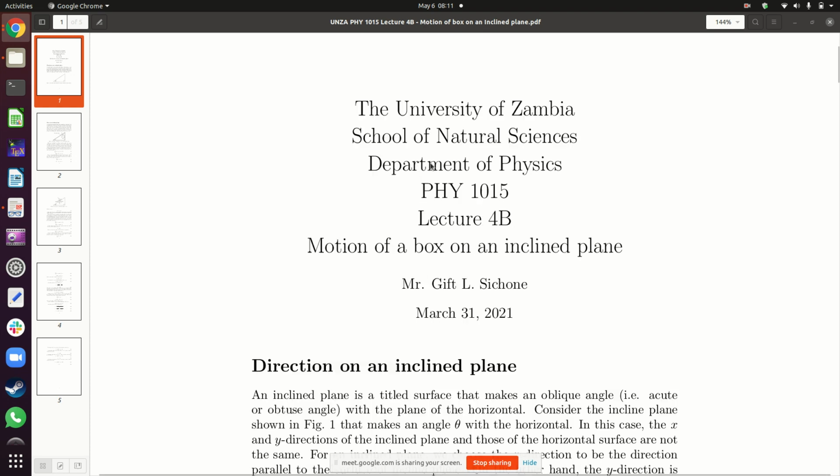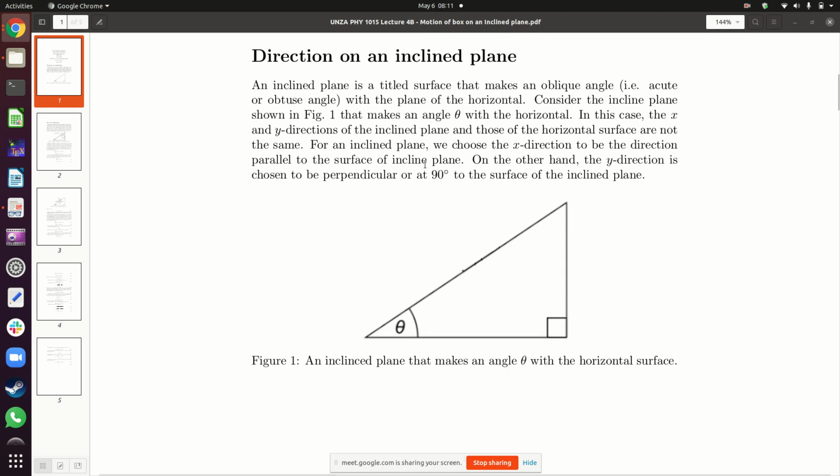Now, an incline is different from a flat horizontal surface because an incline is usually tilted at an angle. So an incline, this is an incline, this is a surface, then it is tilted at an angle theta like that. So what we want to study is how an object will move if it is placed on an incline like this.